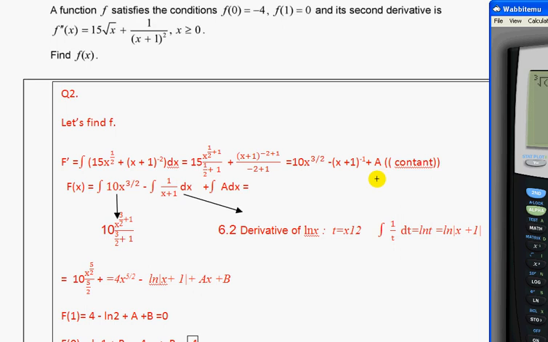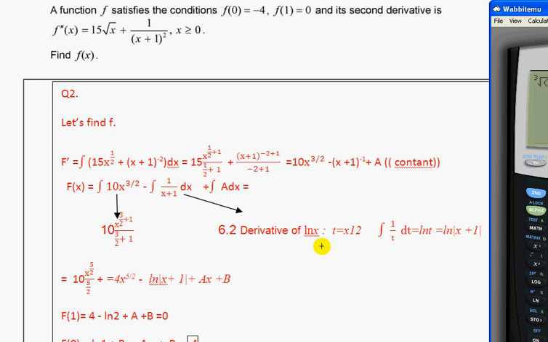Second integration, we do the same way, and here we have 1 over x plus 1 to integrate, and we use section 6.2, derivative of logarithm x. So the derivative is the opposite function to the integral.